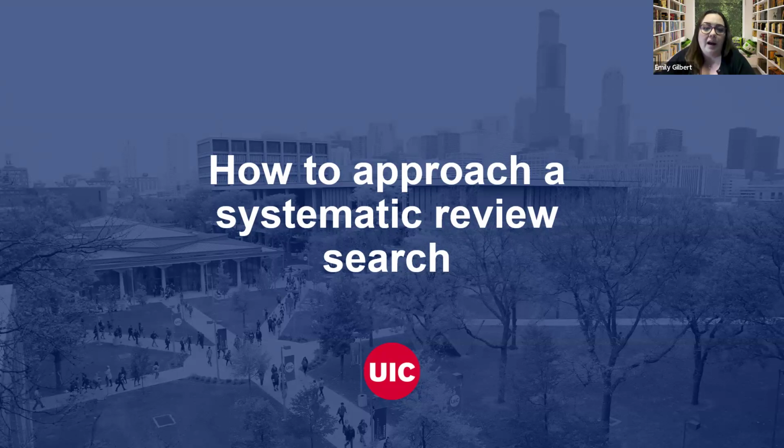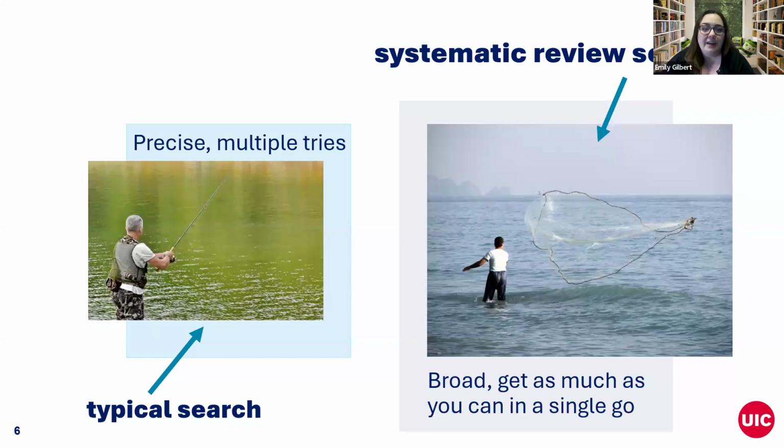So a systematic review search, if you'll bear with our fishing metaphor here, is very different than a typical search you might do. If you just need to find a few articles on a topic that you're doing a presentation on, or you're just doing a really casual paper or an editorial or something like that.